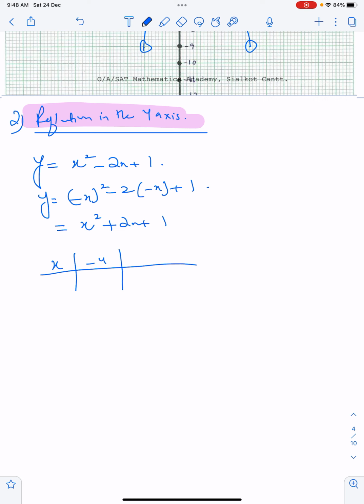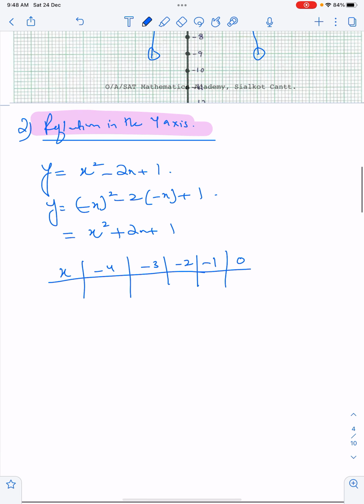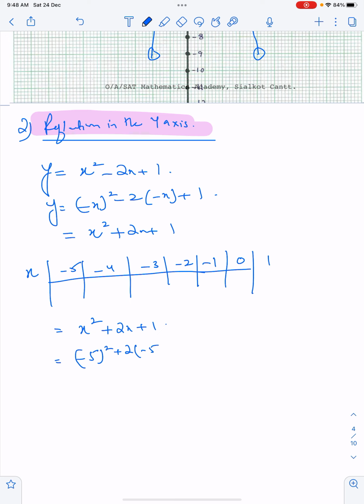negative 4, negative 3, negative 2, negative 1, 0, 1. If I take some more negative values here, like negative 5 also, I can just show you the first one: negative 5 squared plus 2 into negative 5 plus 1, 25 minus 10 plus 1, which is 16.